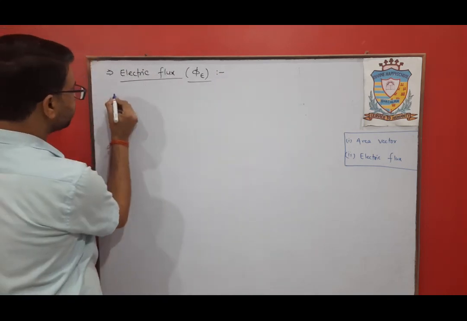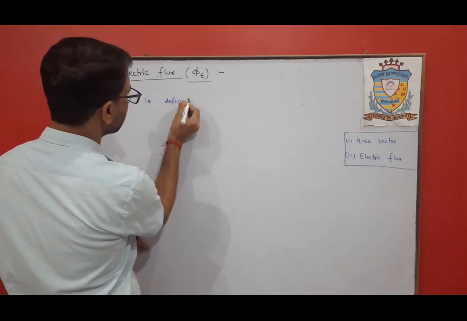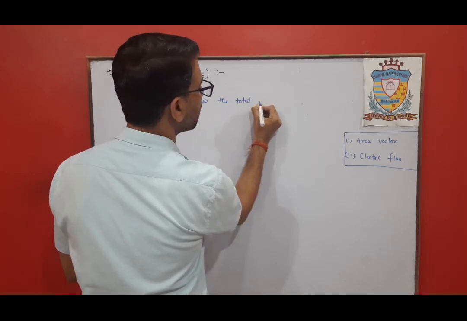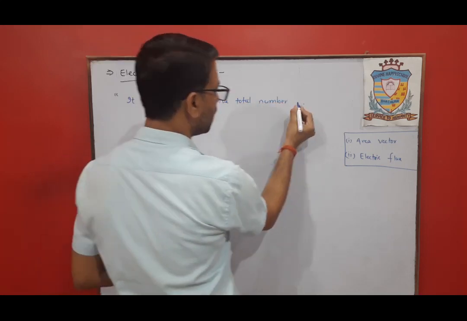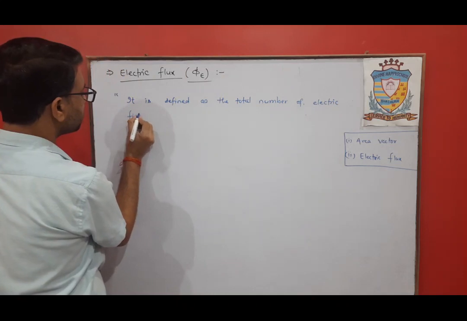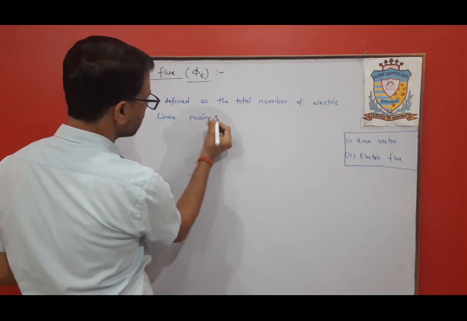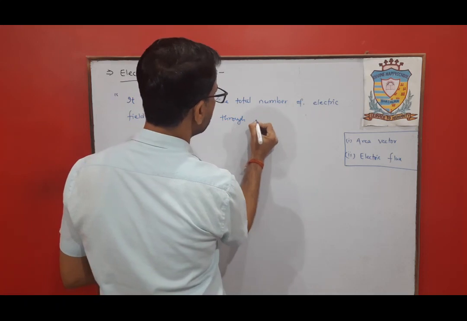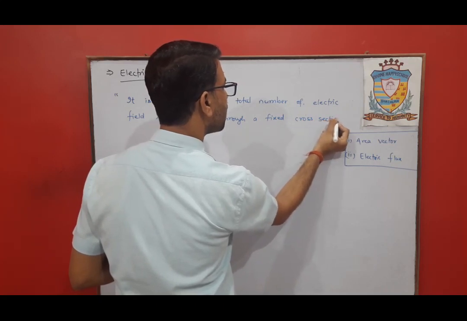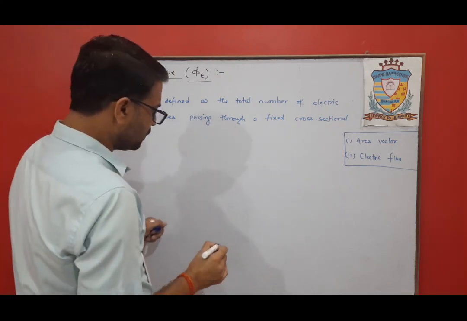It is defined as the total number of electric field lines passing through a fixed cross-sectional area.